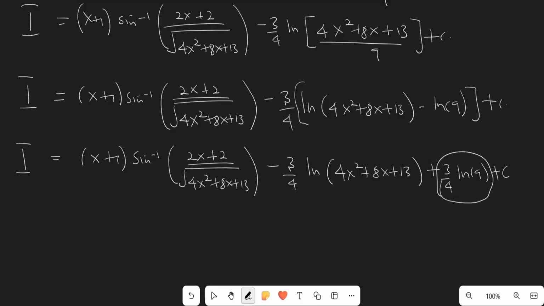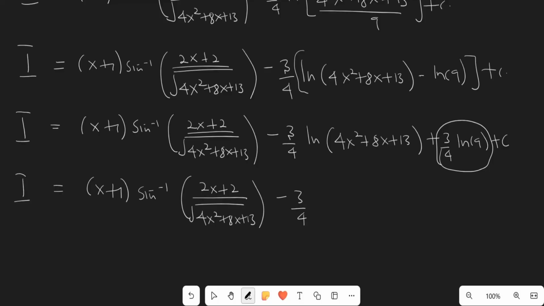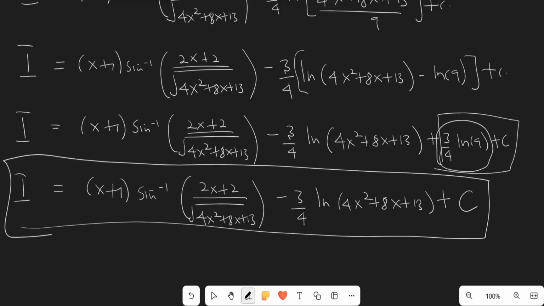But this one is also a constant plus a constant, so you have another constant, so you can call that k if you want. So this is (x plus 1) the sine inverse of (2x plus 2) all over the square root of 4x squared plus 8x plus 13 minus 3 over 4 ln of 4x squared plus 8x plus 13 plus a bigger constant of integration. So these ones can be classified into one constant. So this one is the answer to the integral.